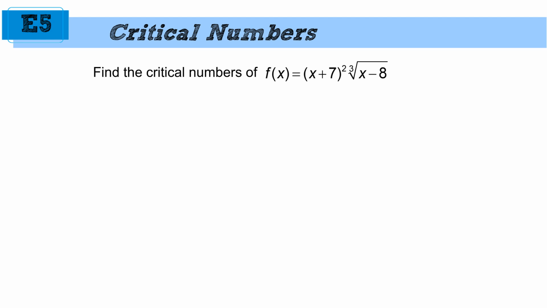Okay. Now let's ramp it up a little bit. Time to quit putzing around with little cute polynomials. Find the critical numbers for f of x, please. Please be sure to use the product rule.